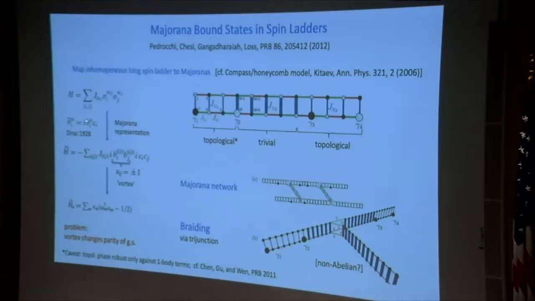These Majoranas anti-commute, have typical fermionic statistics, but are real quantities, self-Hermitian. This representation allows us to rewrite this Hamiltonian as a Hamiltonian of quartic terms in Majoranas, and it turns out that these inner products just square up to 1, with eigenvalues plus minus 1, and you end up with a quadratic Hamiltonian in Majoranas.